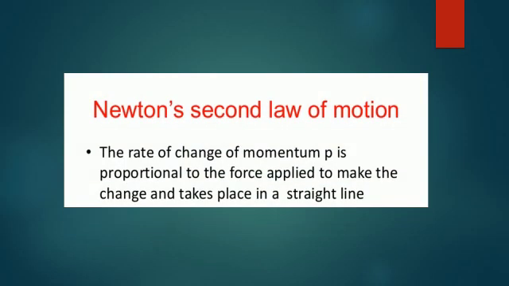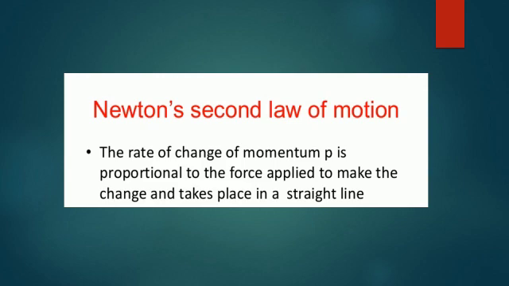With the help of the physical quantity momentum, you can also state Newton's second law of motion another way. That is, the rate of change of momentum is proportional to the force applied to make the change, and it takes place in a straight line. Whenever you come across the words rate of, it represents at what time the change is taking place.